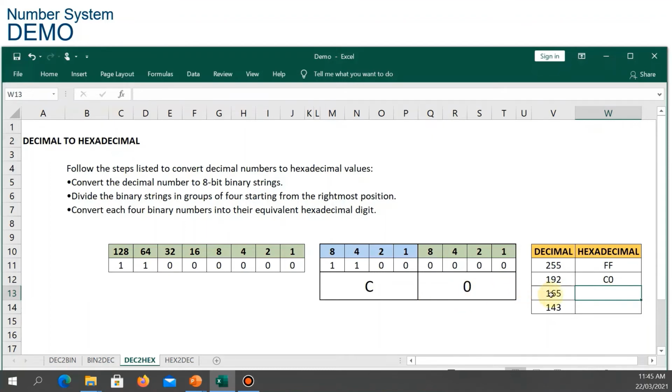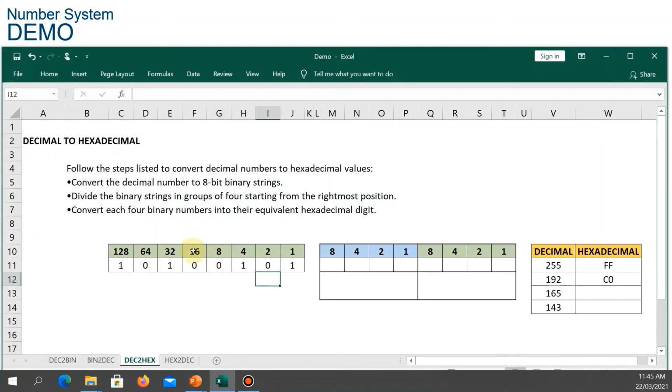Let's have another one, let's say 165. How do we get 165 from the positional values? That is 128 plus 32, that's 160. We still need 5. To get 5, we need 4 plus 1. So 128 plus 32 plus 4 plus 1 is 165. We just place 0 on the empty cells.